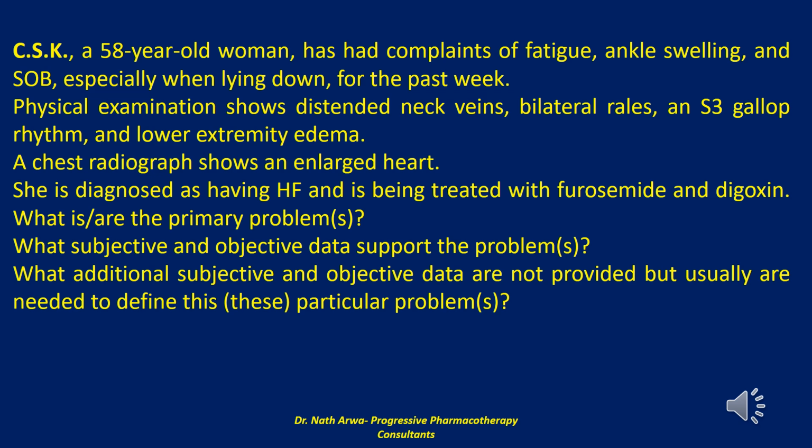She is diagnosed as having heart failure and is being treated with furosemide and digoxin. What is the primary problem or problems? What subjective and objective data support the problem or problems? What additional subjective and objective data are not provided but usually are needed to define this, or these particular problem or problems?